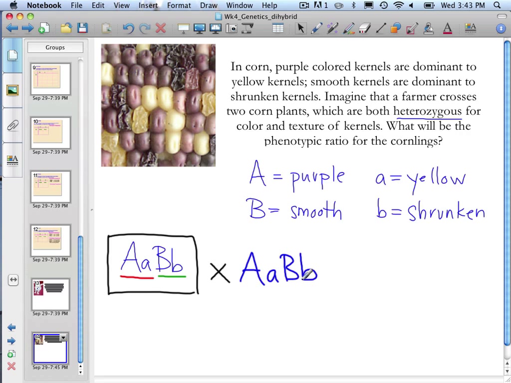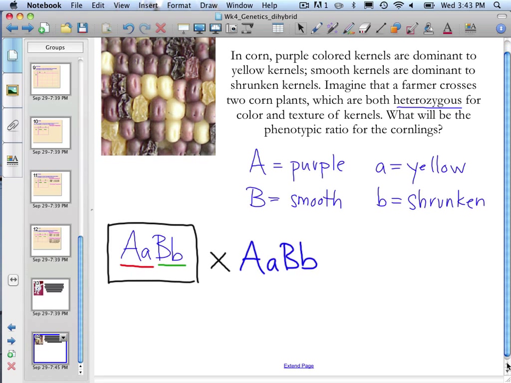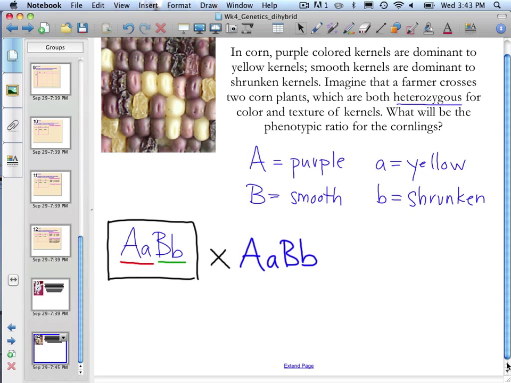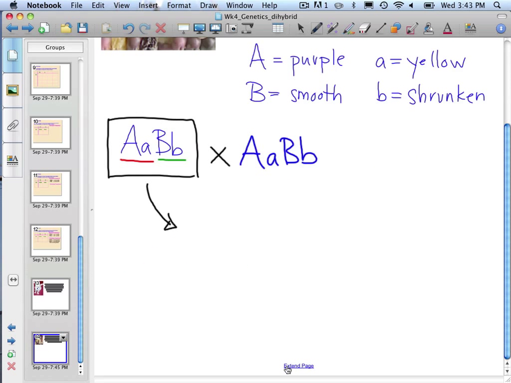Before I set up my Punnett square, it's important for me to figure out what gametes each of these parents can produce. So I'm going to focus on the one on the left here and figure out all the possible gametes or sex cells that they produce through meiosis.